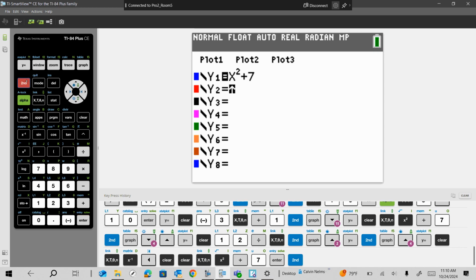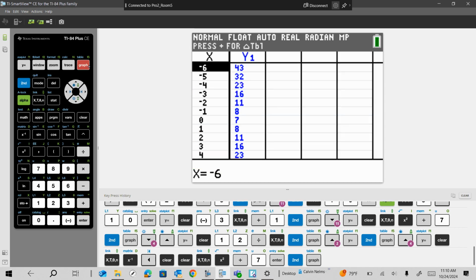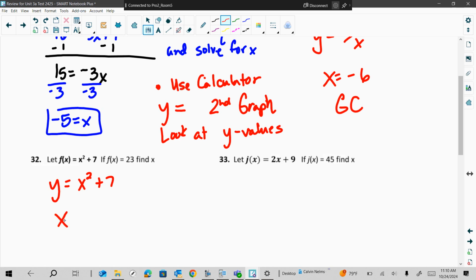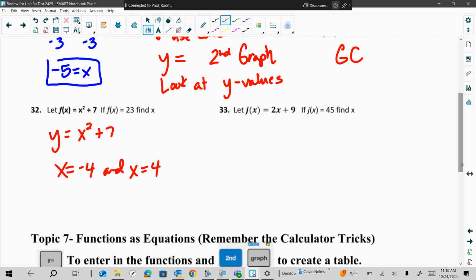Do second graph, and we're looking for 23 in the y column to find the x. Regular 23. Negative 4. There's two answers. Did you see it? Negative 4 and positive 4. If you were to only put one, you only get half. Yes. Okay, negative 4 and positive 4.